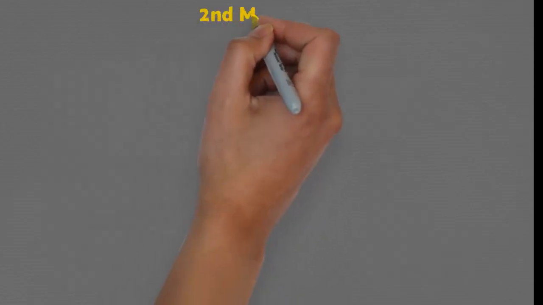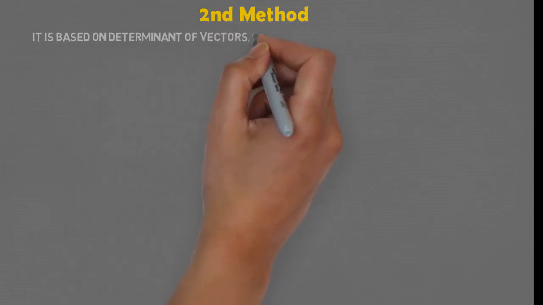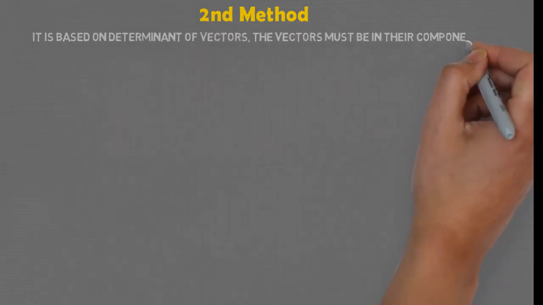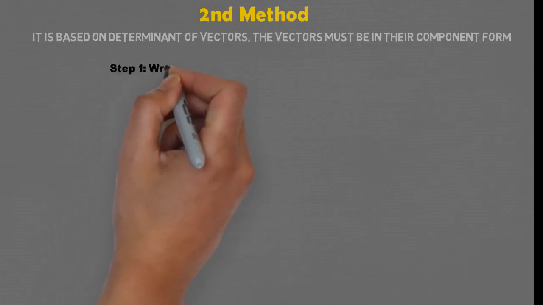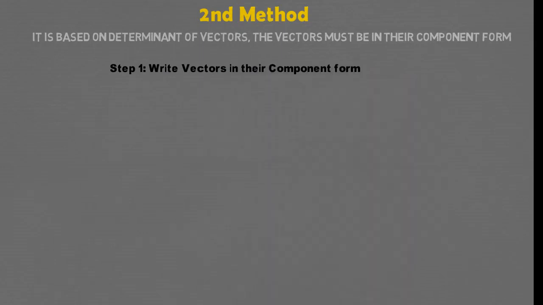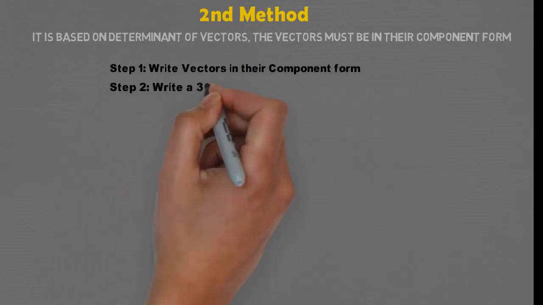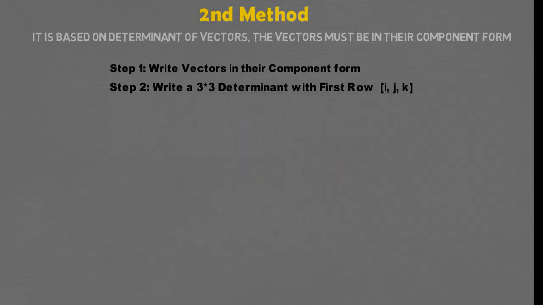Now the second method. The second method is based on determinant of vectors. The vectors must be in their component form. Consider the following steps to accurately apply this method. Step 1: write vector A and vector B in their component form. Step 2: write a 3 cross 3 determinant with first row as i, j, k, which are the unit vectors.